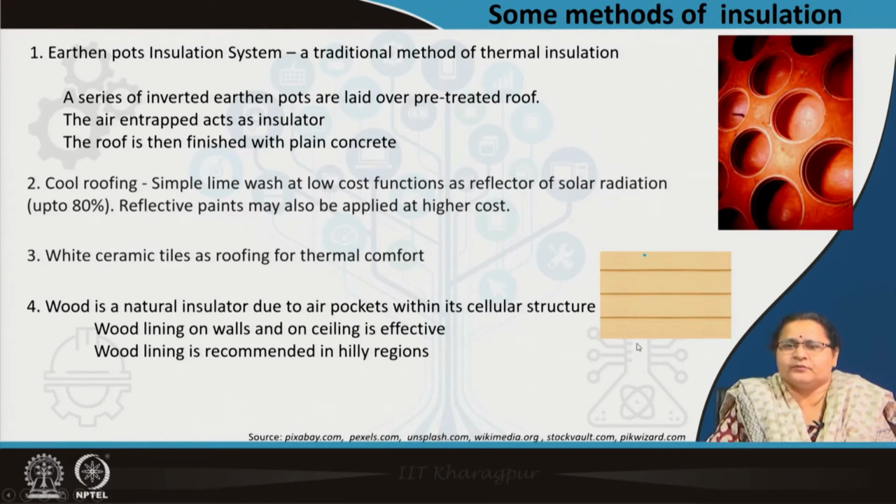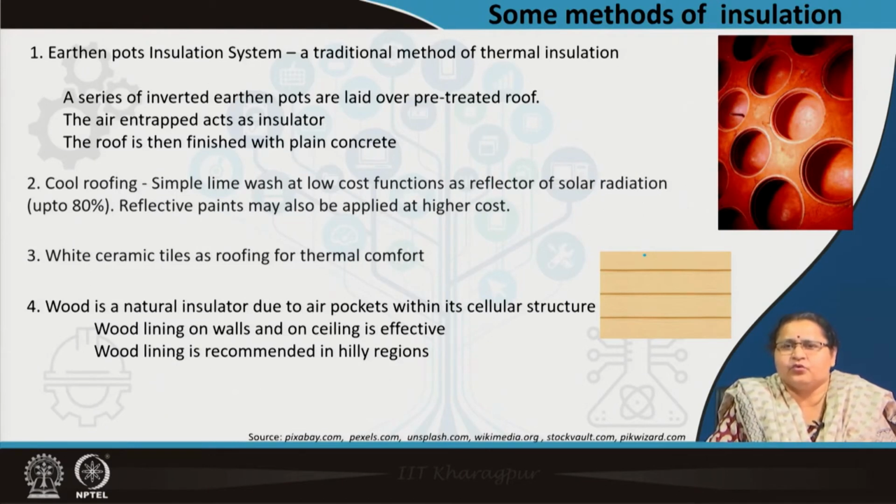Coming to wood, as I have told, trapped moisture, trapped air within glass fiber, steel, glass fiber, rock fiber, mineral wool, glass wool is the crux of thermal insulation. Wood is also a natural fiber, where within the wood, due to the removal of the moisture, there are air pockets formed, a very small cellular structure, at the cellular level.